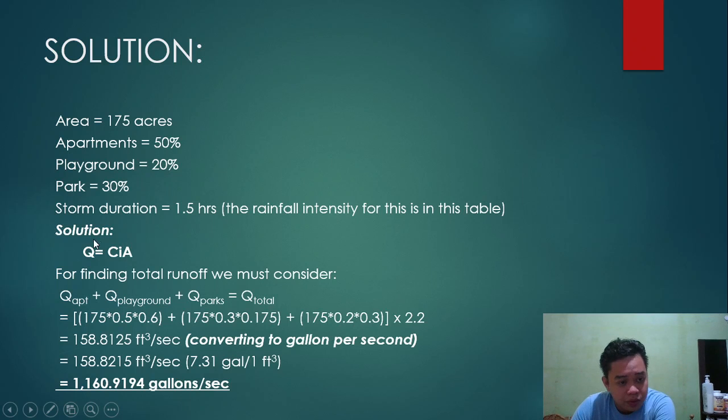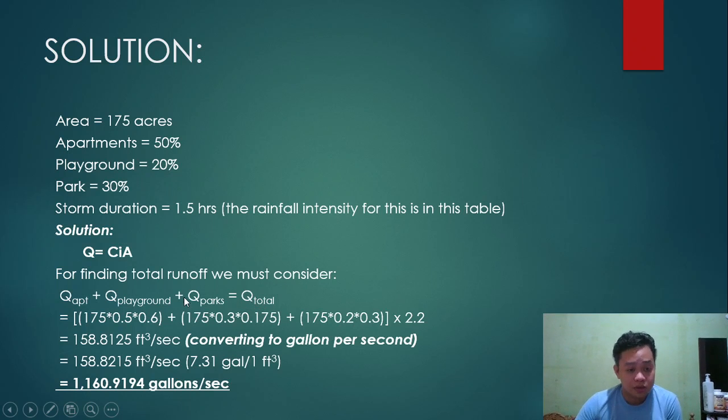So using this formula, Q is equal to the coefficient times the intensity times the area. We get the Q for the apartment, the Q for the playground, and the Q for parks, which is equal to the total runoff.